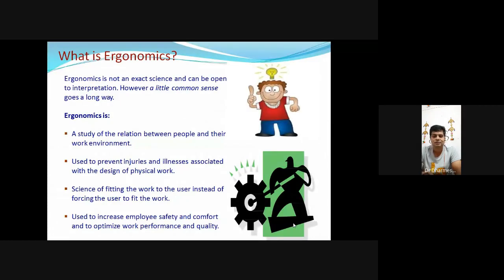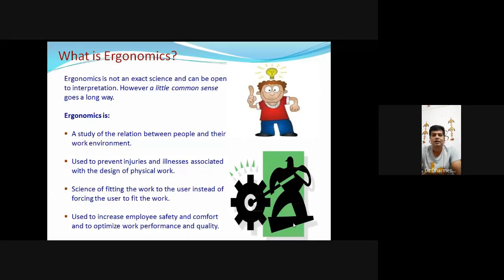We need to consider certain things, like what basic criteria under the ergonomics guidelines match the worker or the person. So it is not always common sense, but we need to apply logical thinking as well.